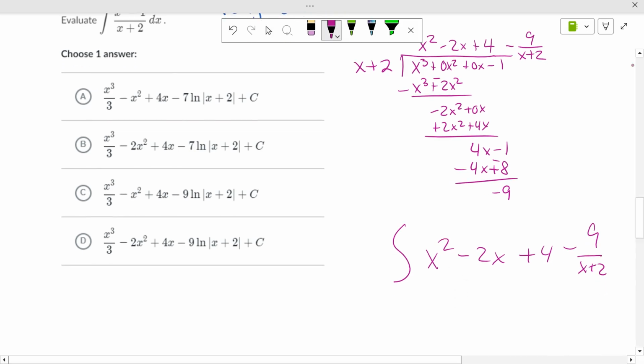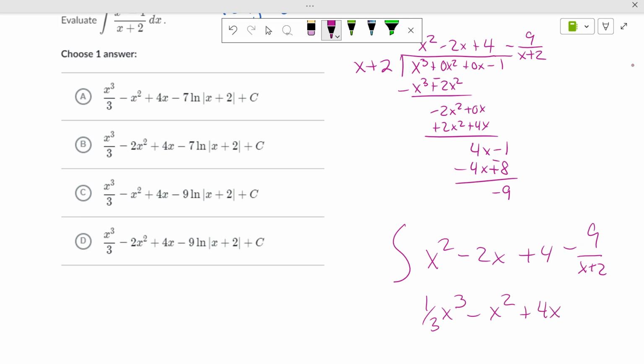Well, when you integrate x squared, it's just simply 1/3 x cubed. That's easy, right? When you integrate negative 2x, that's easy. It's x squared. When you integrate 4, that's easy. 4x. When you integrate this, not so easy. Okay.